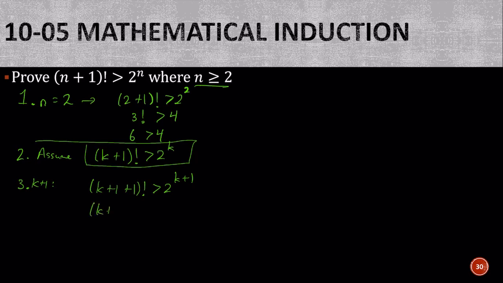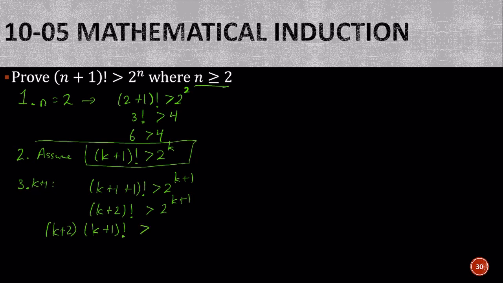Well, this would be k plus 2 factorial. We would like to get our step 2 assumption to show up in what we have. So let's work at the factorial. k plus 2 factorial would be k plus 2 times the next number smaller, k plus 1, times the next number smaller, k times k minus, oh wait, all that would be k minus 1 factorial. Because the factorial is that number times everything smaller.